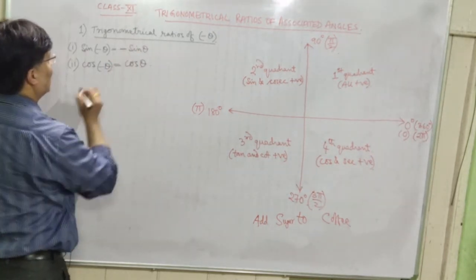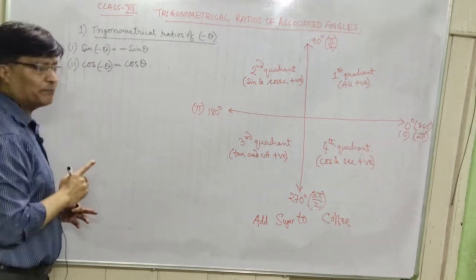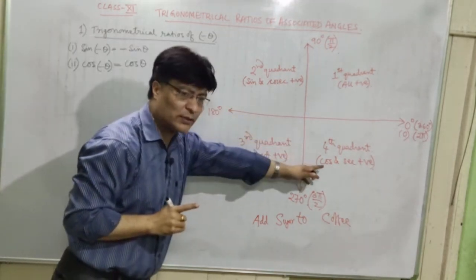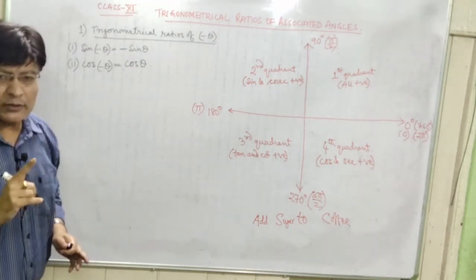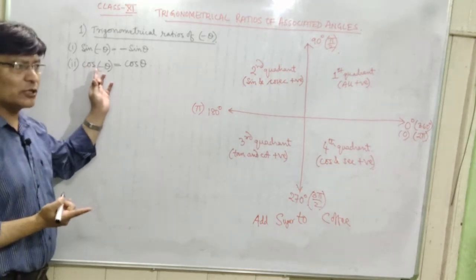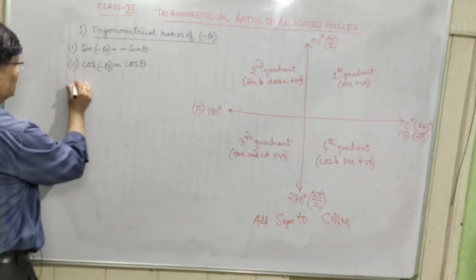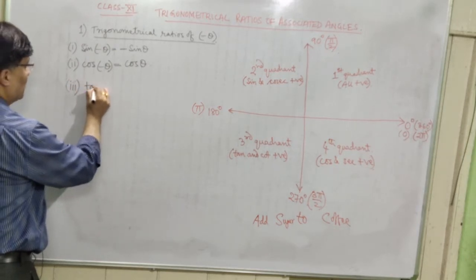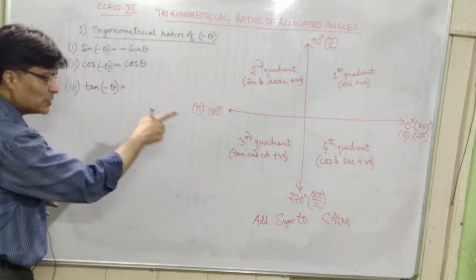Okay, next, number 2: what is the formula for cos of minus theta? Minus theta lies in the fourth quadrant, and in the fourth quadrant cos is always positive. So cos of minus theta is equal to cos theta. And number 3, what about tan of minus theta? Minus theta lies in the fourth quadrant.